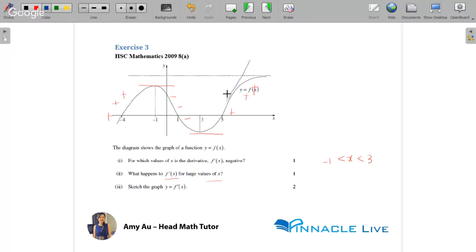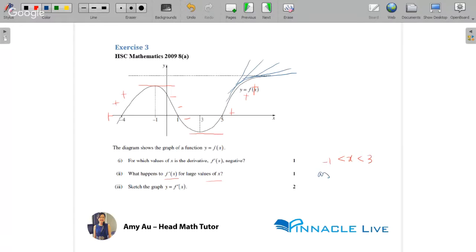Okay, so if I draw a tangent, you can see that as I approach infinity, the tangents started off quite steep and then they're getting lower and lower and lower. It's almost stationary. So what that means is the gradient is actually approaching 0.